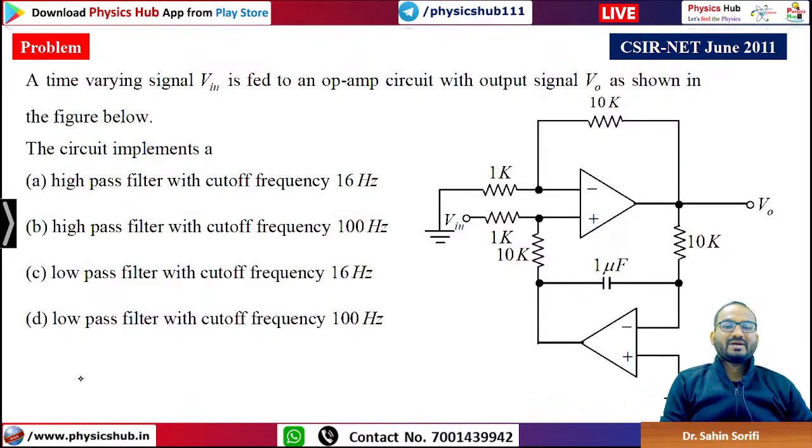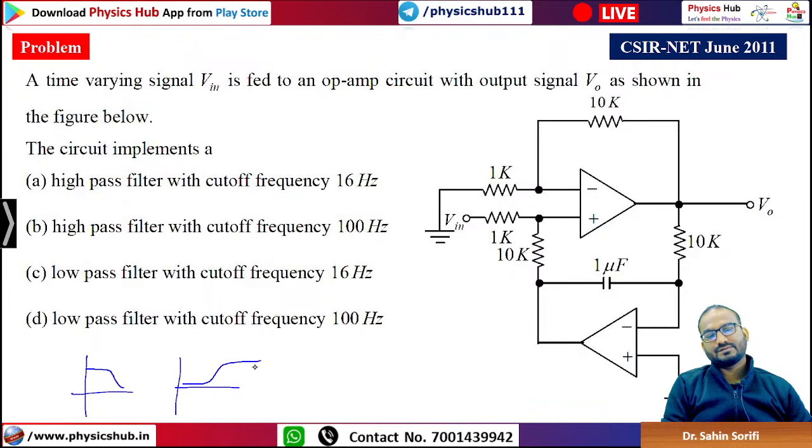You know the concept of high pass and low pass. A low pass filter passes only the low frequency signals. A high pass filter passes the high frequency signals. This is your low pass filter. This is the high pass filter.